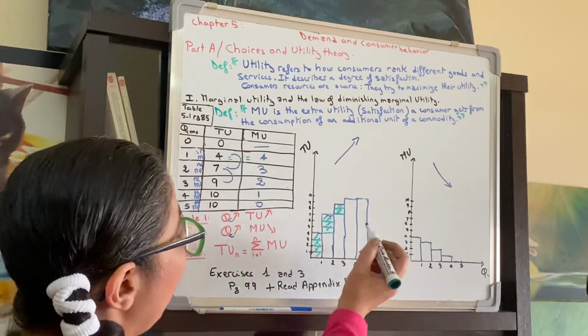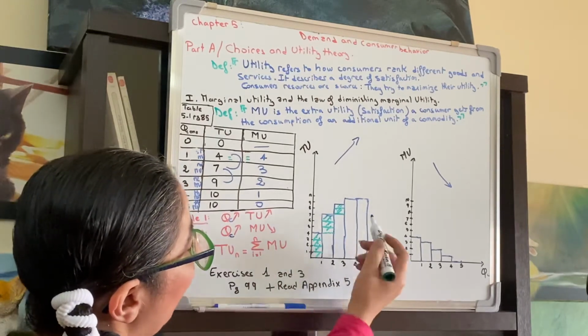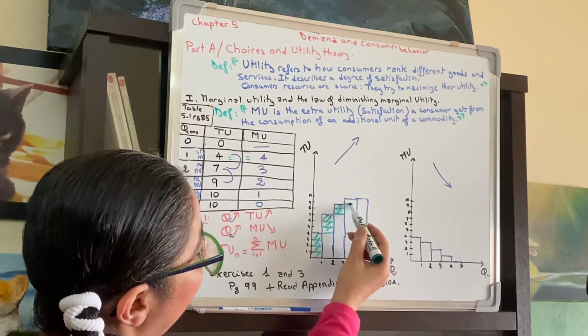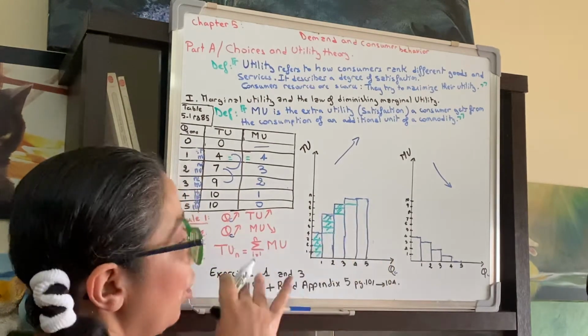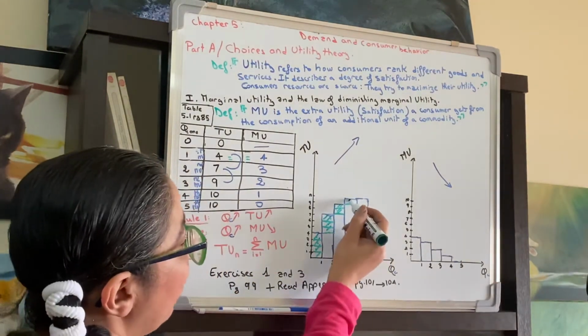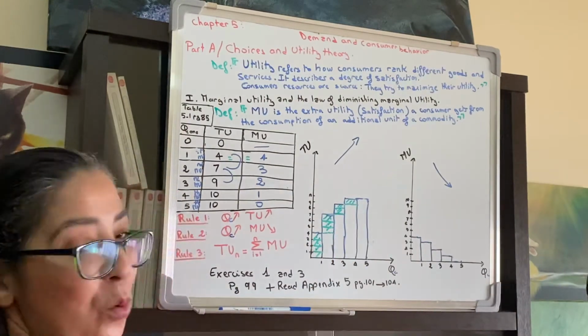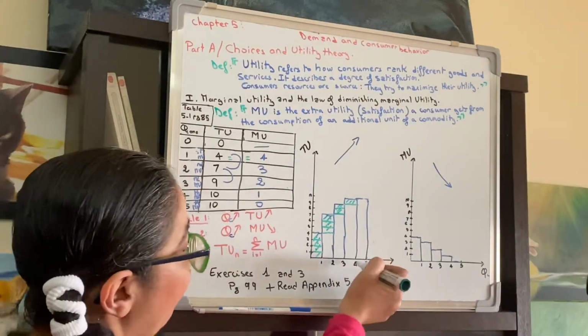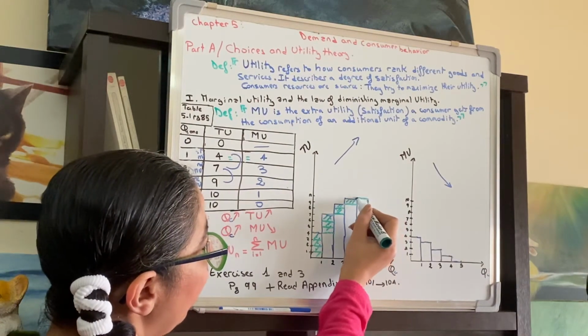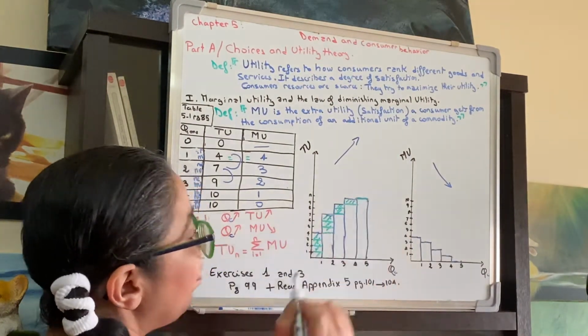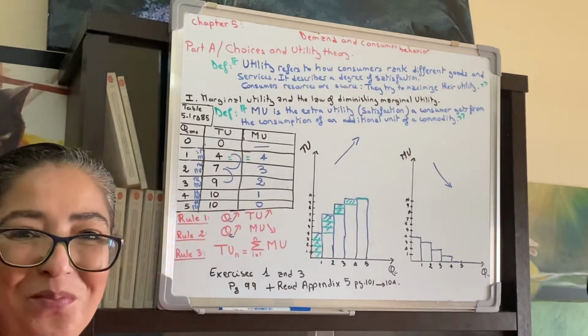Okay? So for 4 units, what is the extra? You just come and plot the extra from the previous one. You continue the line to see what's on top of it. It's 1 util. For the fourth one, from the 4th to the 5th, it's 0. You don't have any extra. Okay?